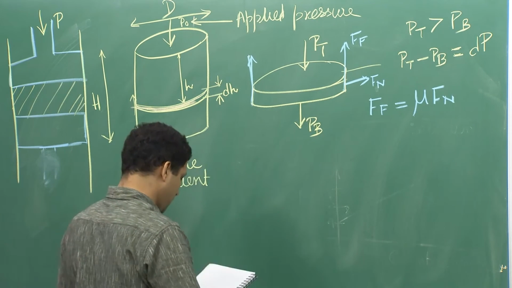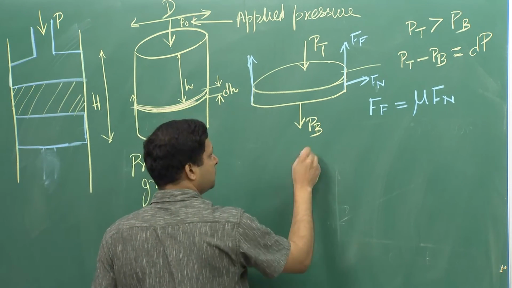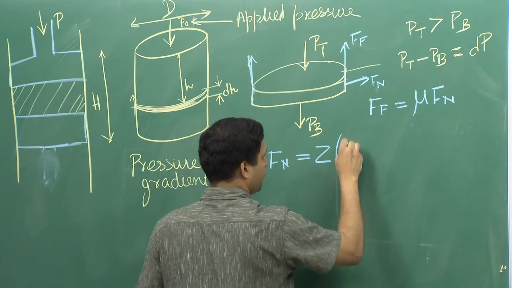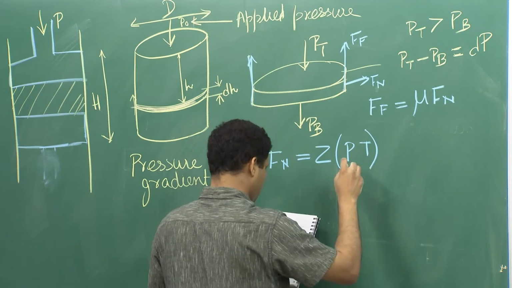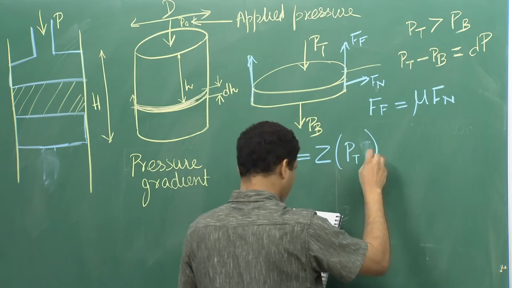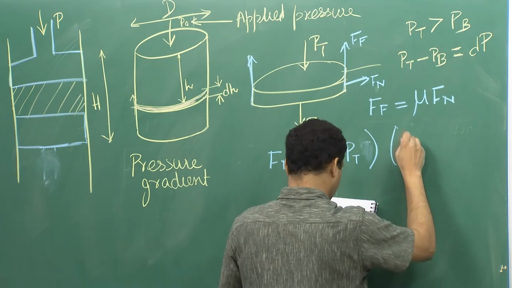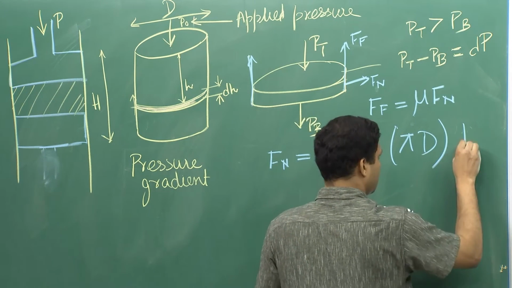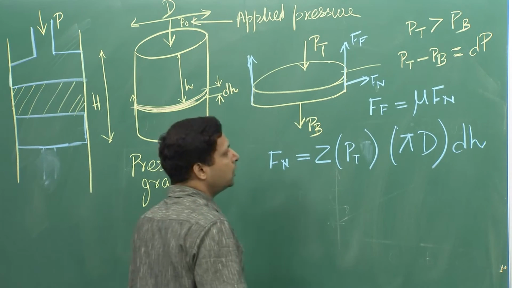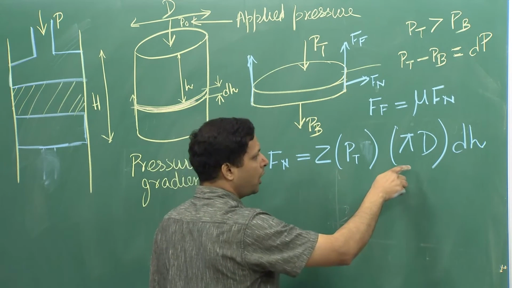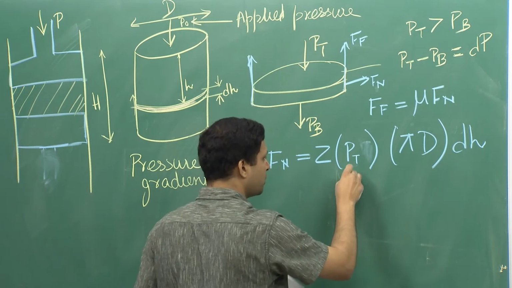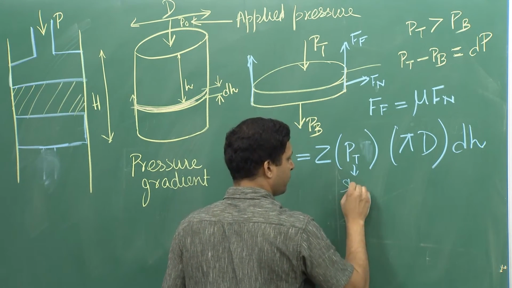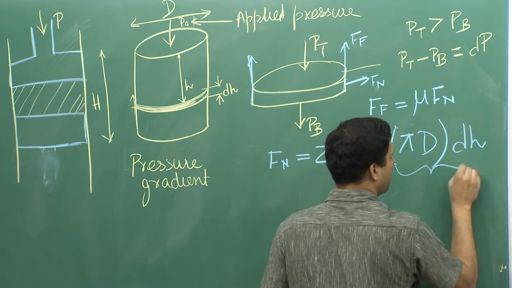So, we can write Fn as this is our stress, this is the overall area.